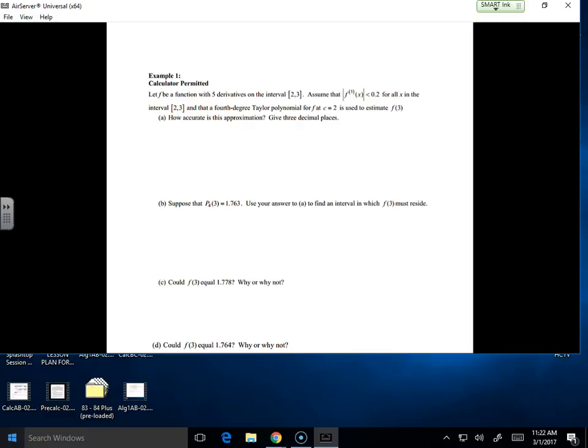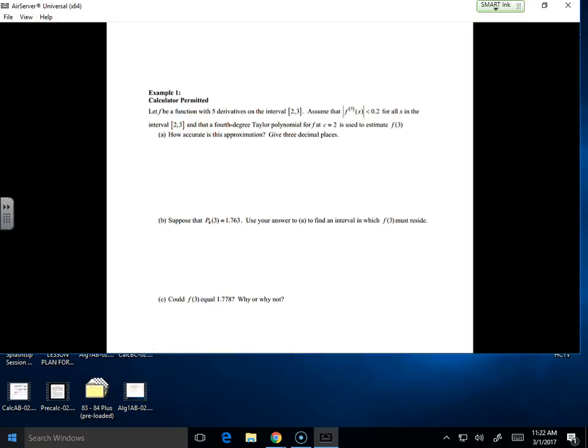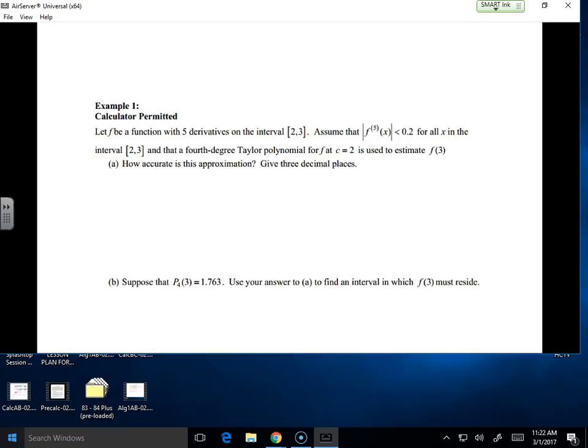Example number 1. Let f be a function with 5 derivatives on the interval 2 to 3. So we know it is at least differentiable 5 times. Assume that the fifth derivative of f is less than 0.2 for all x in the interval. Hey, did they just maximize the fifth derivative for us?